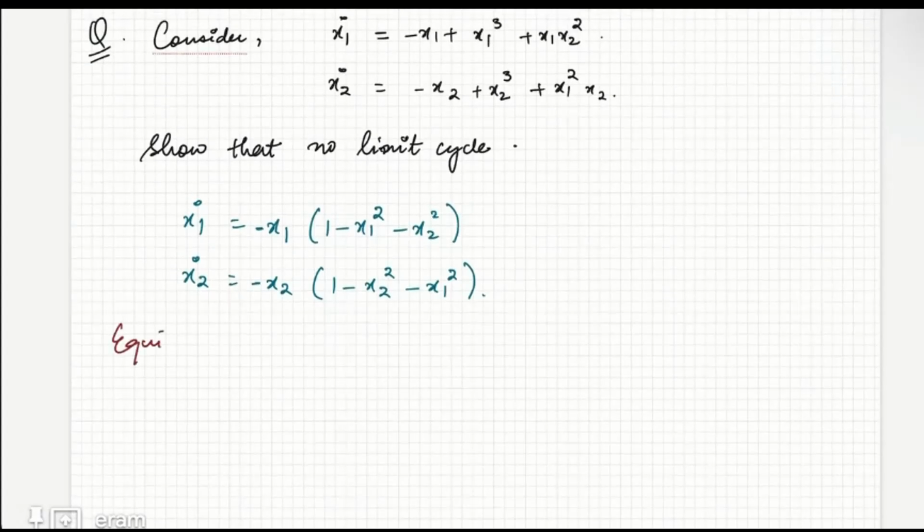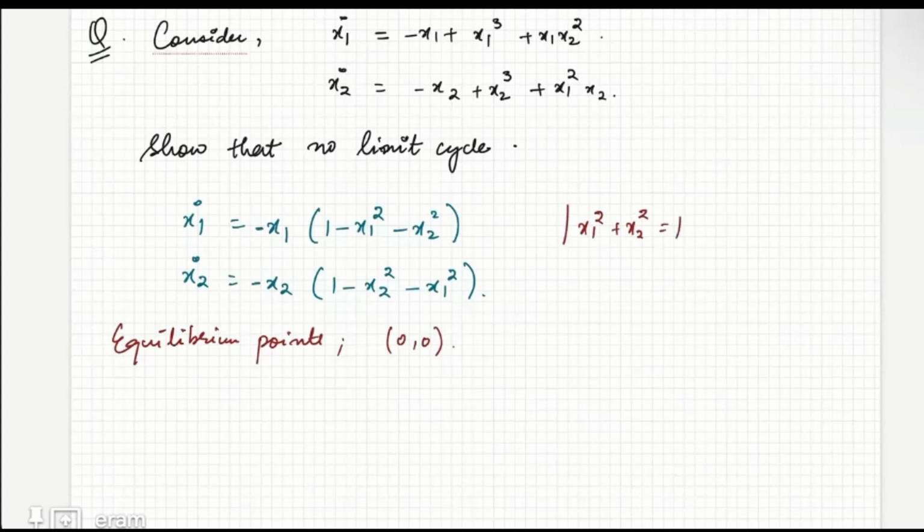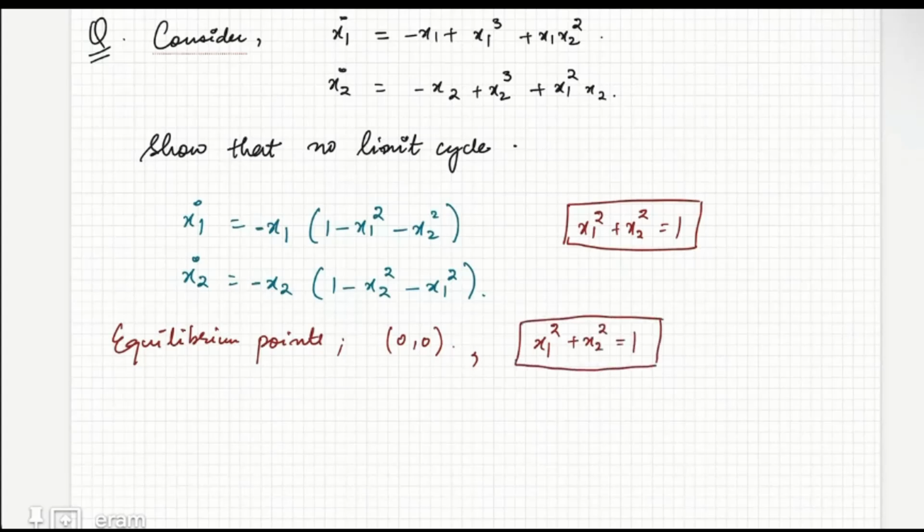The equilibrium points are 0, 0, and obviously we have a set of equilibrium points that satisfy the condition x1 square plus x2 square equals 1. That is, all the points on the unit circle.